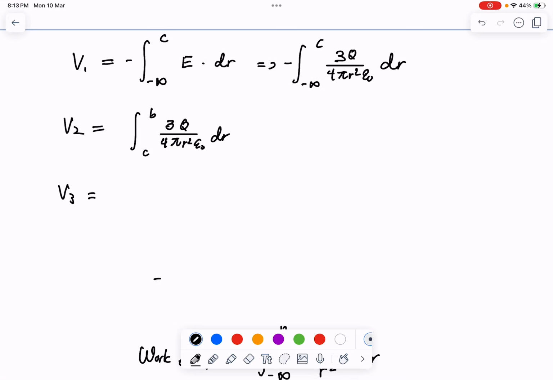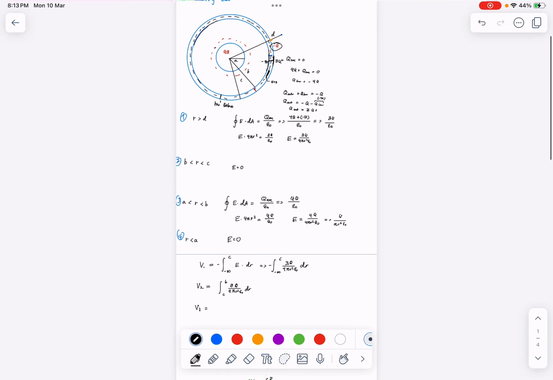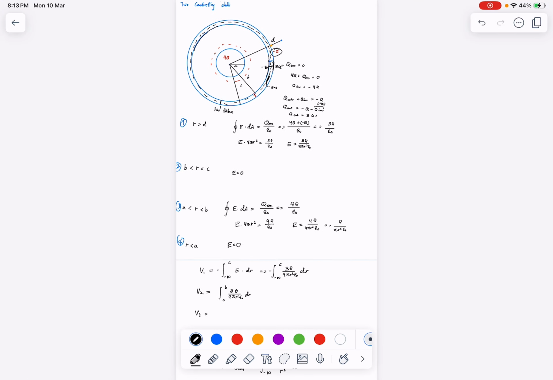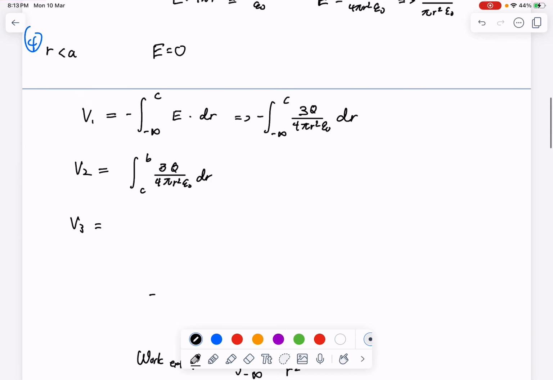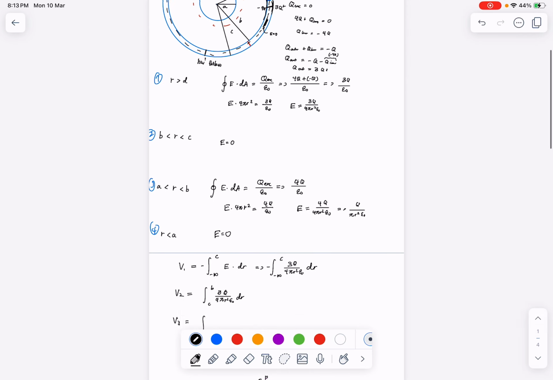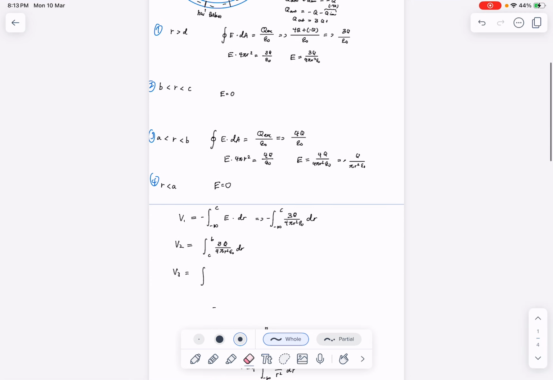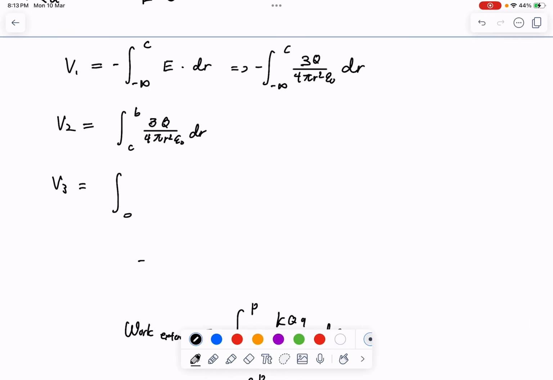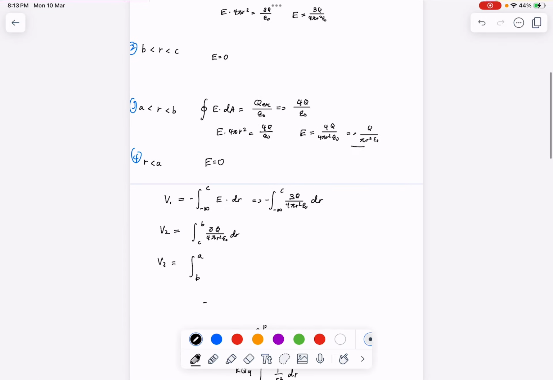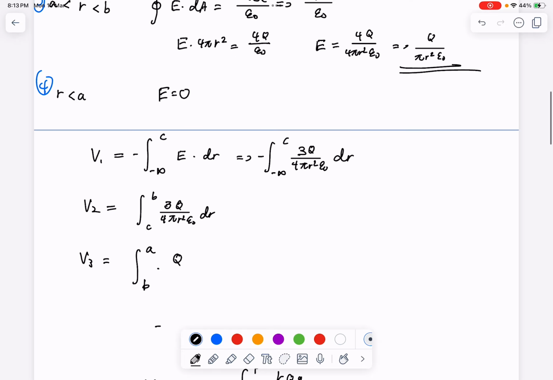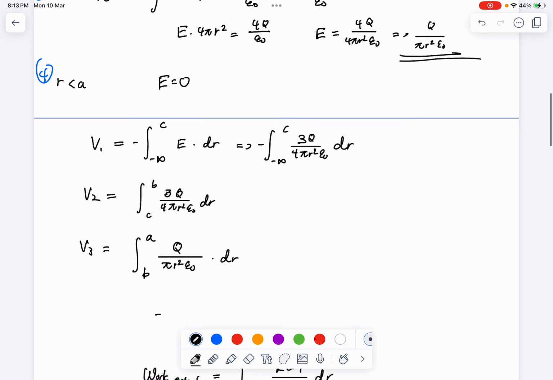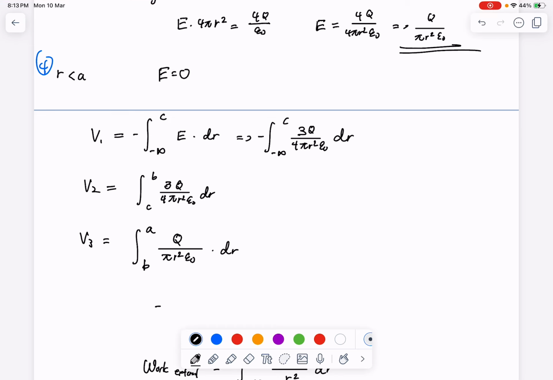And let's move on to V3, which is very similar to region 1. Region 1 is from A to B, and it's from B to A. And we are given the electric field that we calculated right here, Q over 4 pi r squared epsilon naught dr. These all have negative signs.